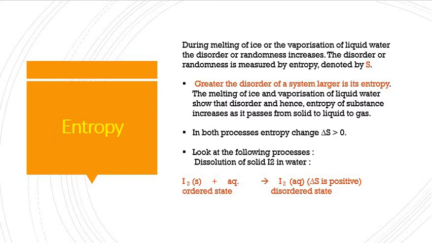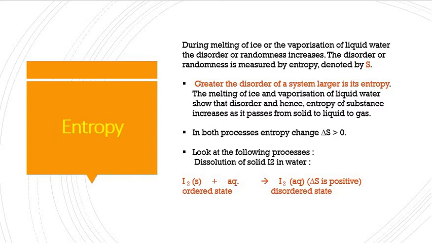In the liquid state, the molecules start moving randomly. They are disordered in the liquid state. And when we transform the liquid state into the gaseous state, there is more randomness. There is more disorder in the gaseous state.